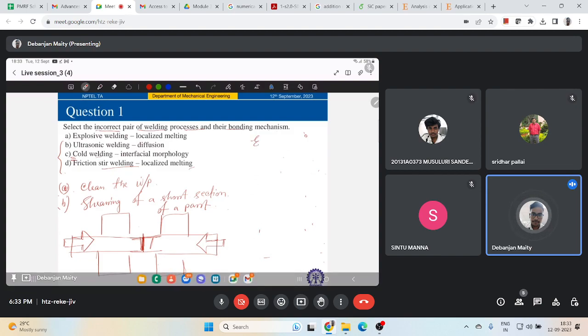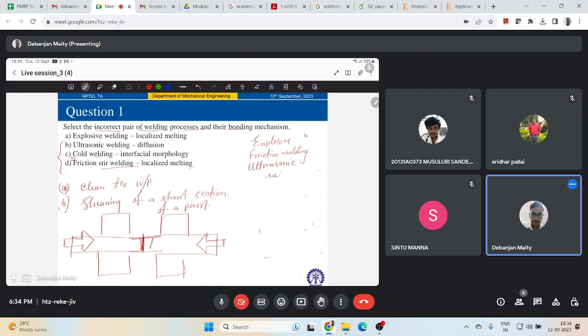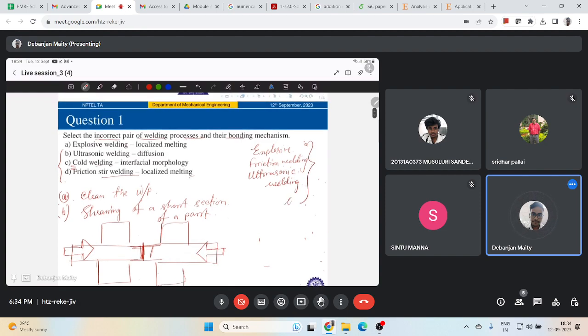In explosive welding, then friction stir welding or friction welding, then your ultrasonic welding, some frictional heat is also generated over here, right? Here localized melting is happening.